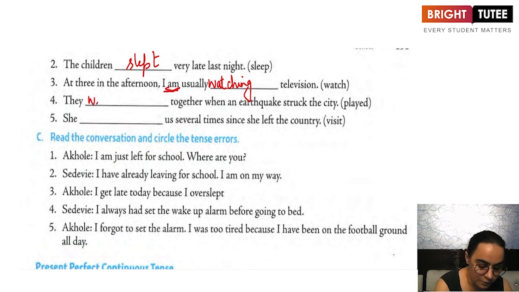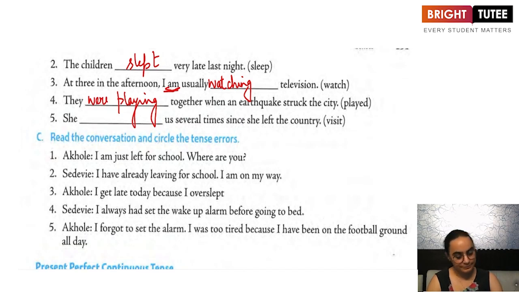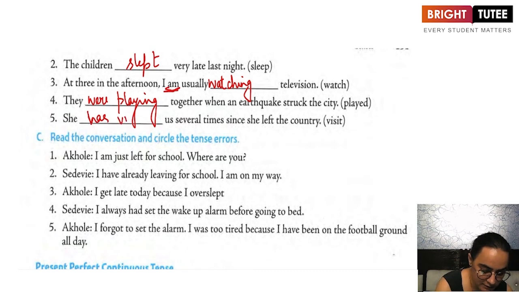So they were playing together when an earthquake struck the city. She dashed us several times since she left the country. So she visited us, or she has visited us several times since she left the country.